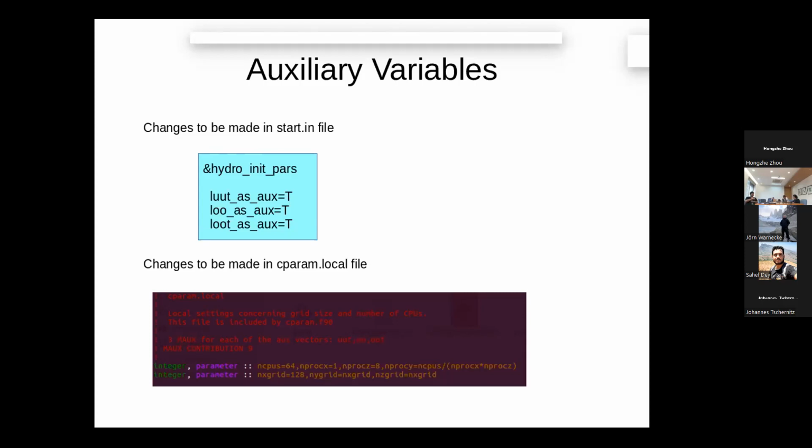First thing is like how to add the auxiliary variables. This is just simple, and this has been talked over many times by many speakers in this meeting. The first thing that you do is you go to the start.in file, which Samruddhi also talked about. Then there is something called hydro initial parameters. So for example, let's focus on just two equations.